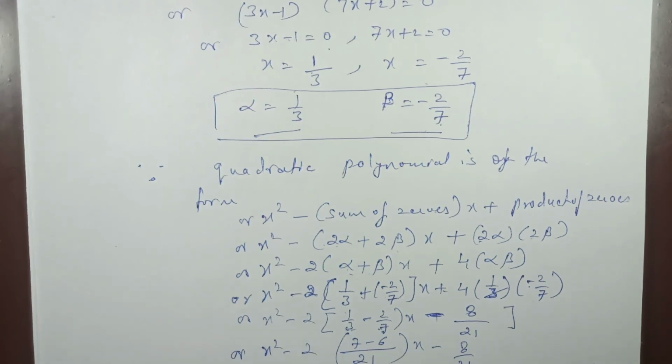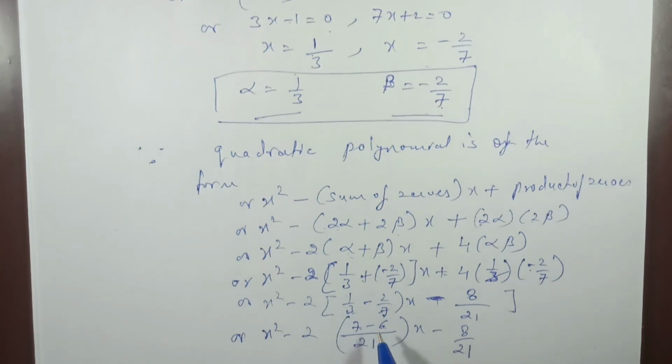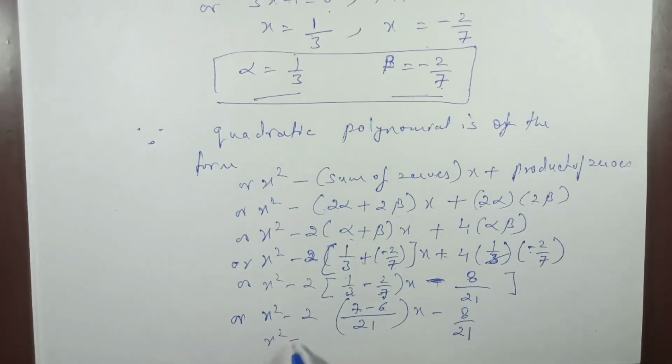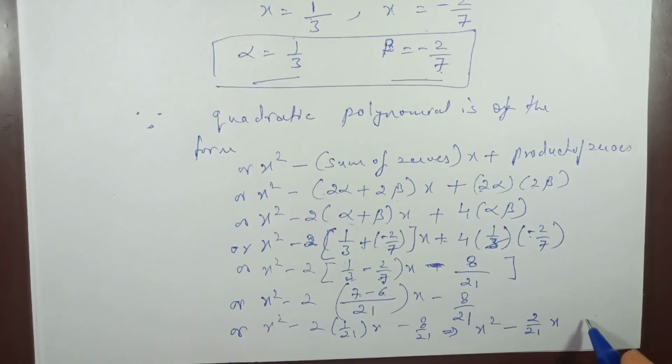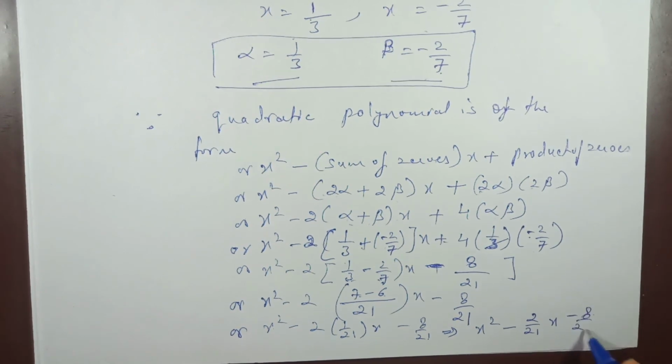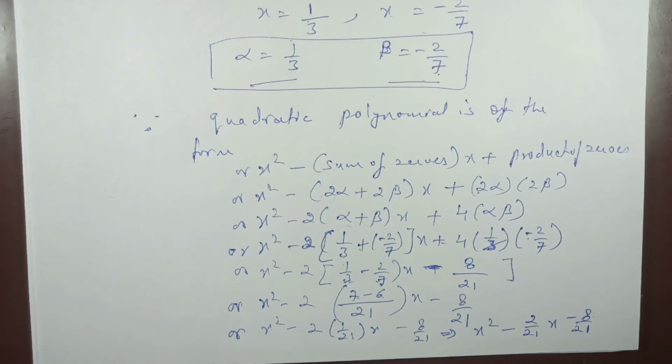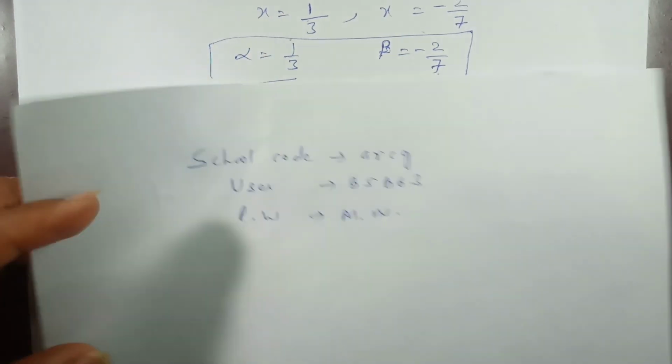Now further calculation, 7 minus 6 will give 1 upon 21 x minus 8 upon 21, or this will give x square, no cancellation is there, minus 2 upon 21 x minus 8 upon 21.